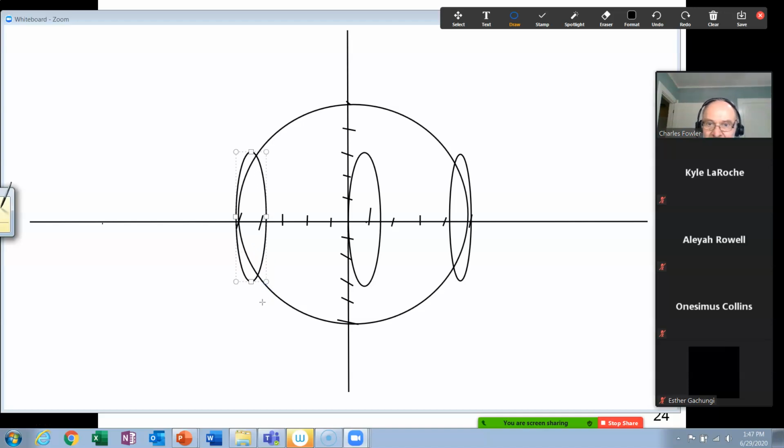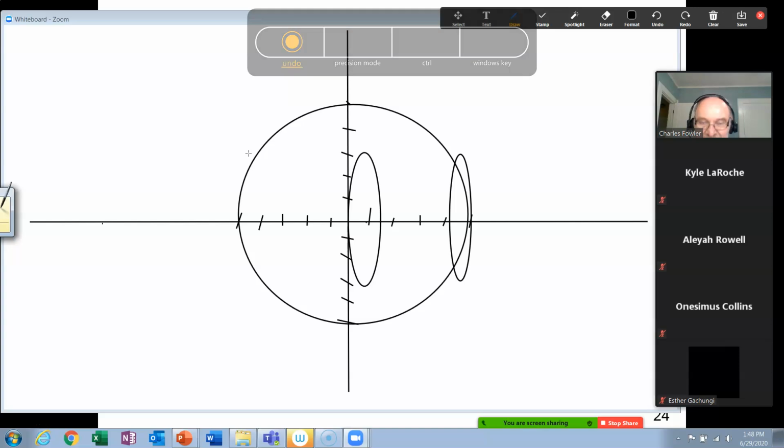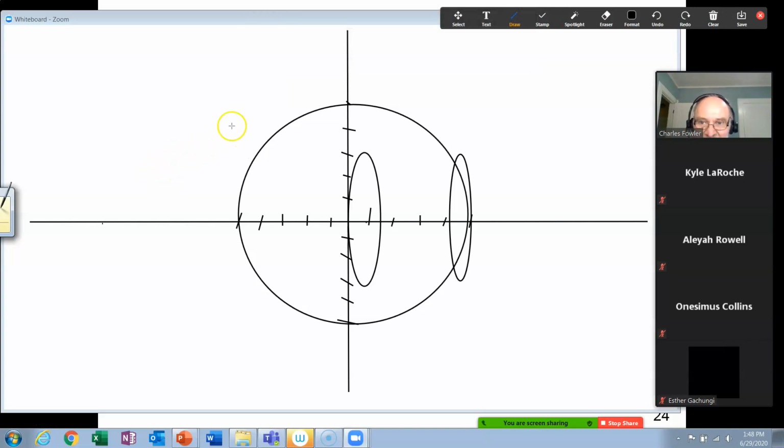All right, those are all approximate. Now what we're going to do is come up here, not that, this one. I think I just found out how to erase something, whether I wanted to or not. But let me see if I can just do it here.